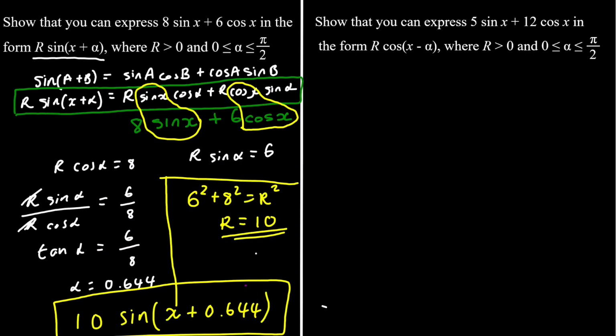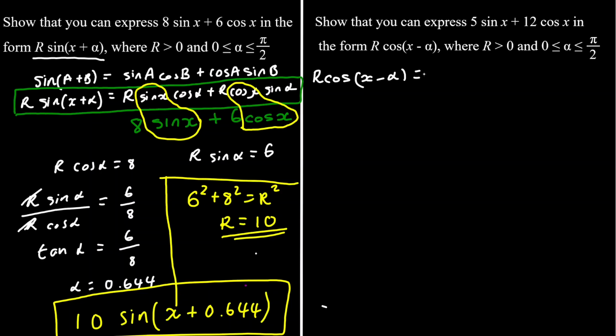So it's cos A minus B this time. So we're going to write down our cos A minus B, so cos, well in this case, x minus alpha, and times it by r. I'll do it in one step.